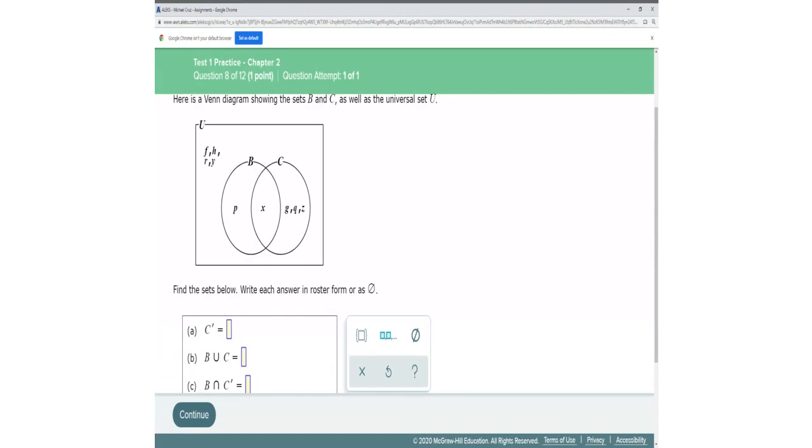All right, so what do we do here? We're trying to find C complement. Let's just see if we can do it without having to draw these out. Because one of the reasons that you have Venn diagrams is sometimes that helps you not have to draw a thing out.